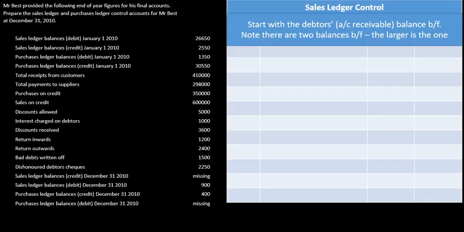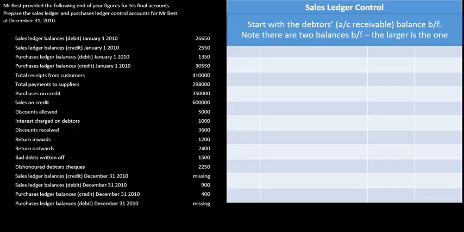Because for instance, this balance here of 2,550 and this balance of 900 suggests that some adjustments were made to perhaps the individual debtors' accounts, but were not transferred to the general ledger or vice versa.